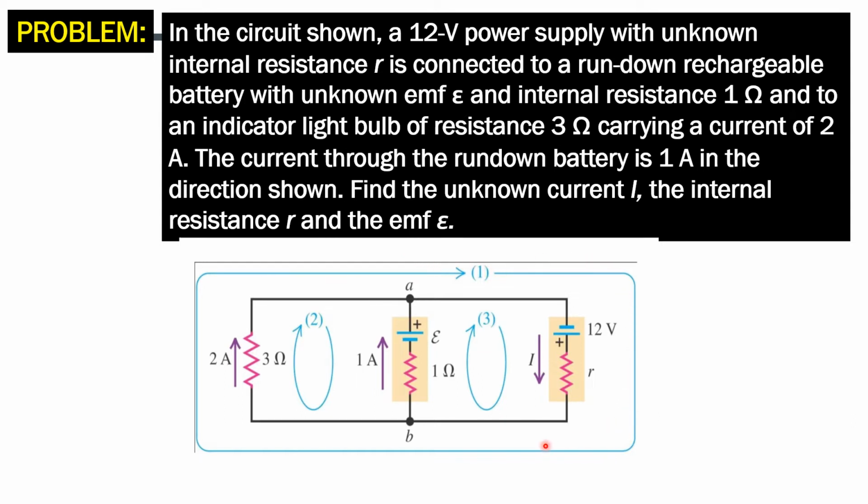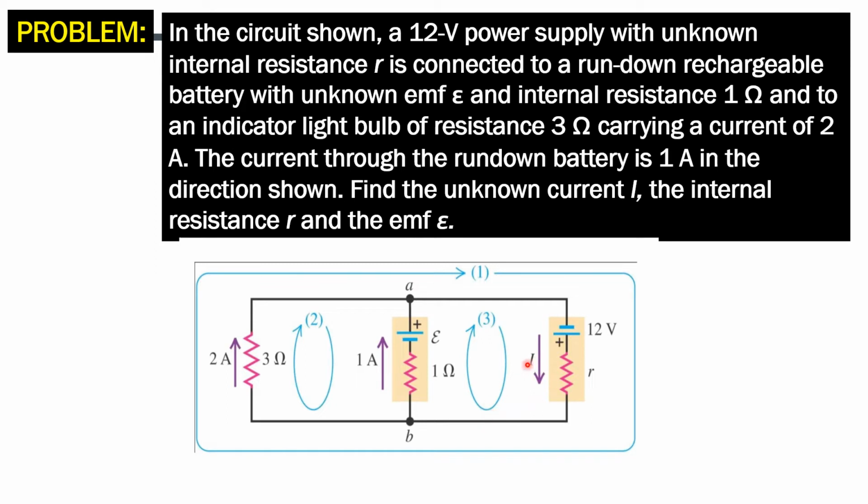Normally, in other problems on the application of Kirchhoff's rules, if the currents to be determined are unknown, you have to assume the direction of each unknown current through any given resistor.